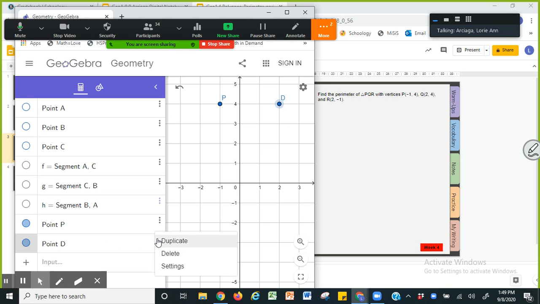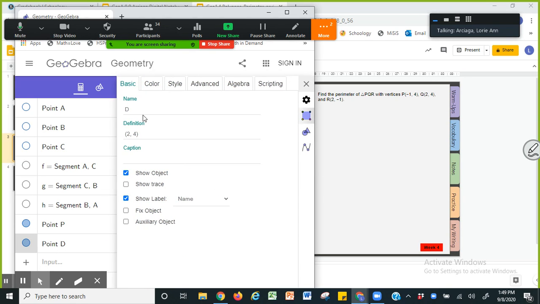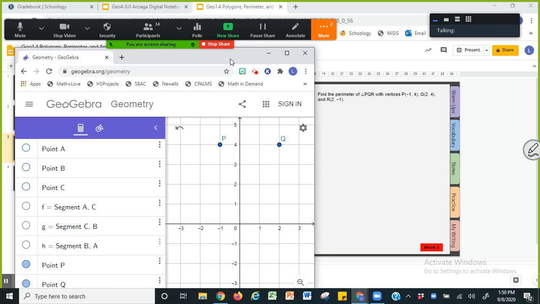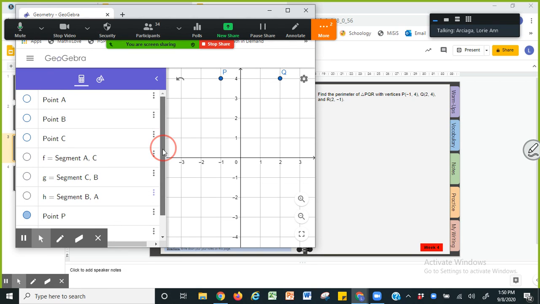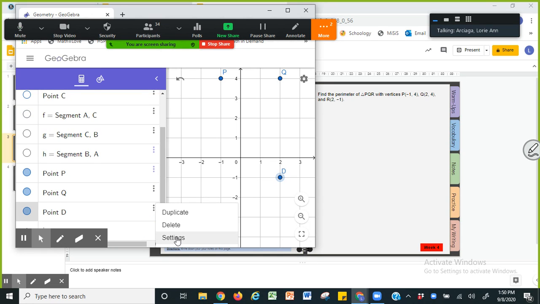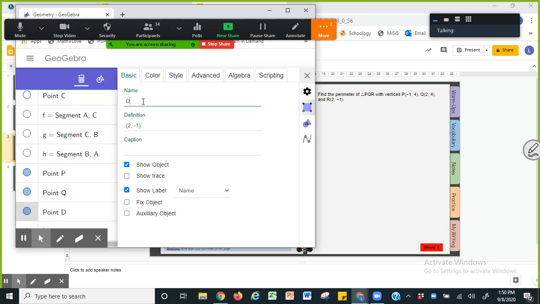I want it named Q. And make it 2, -1. I want it named R. Capital letter.